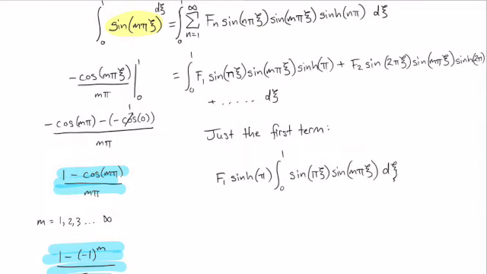And so that's just the first term in the series. And we could write an integral like this for every other term, for f2, for f3, for f4, for f5. But what we notice is that it looks a lot like the definition of the Fourier sine series. And in this case, unless m is equal to 1, this integral is going to be 0. Because remember, from the Fourier sine series, when n equals m, the integral has a value.